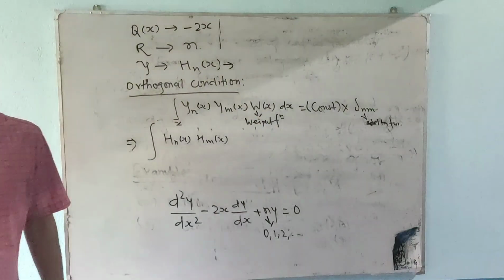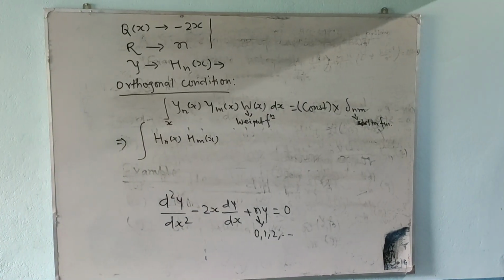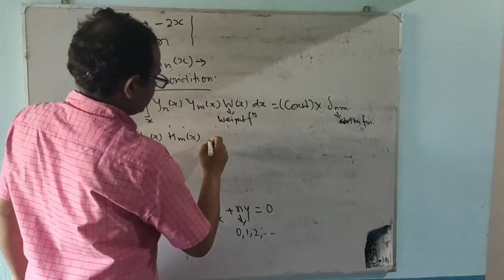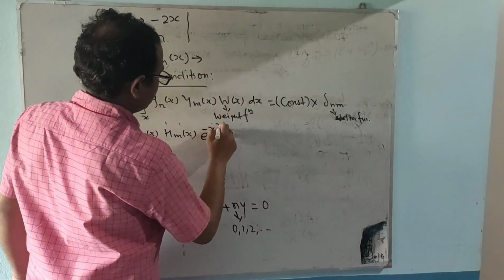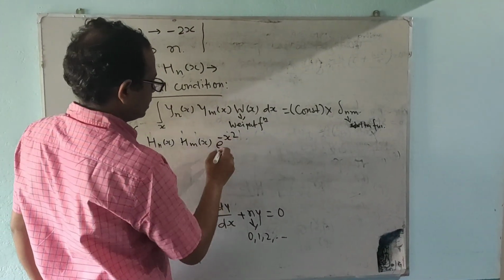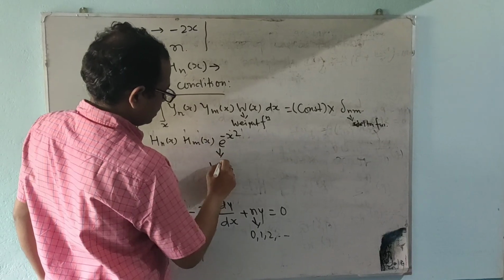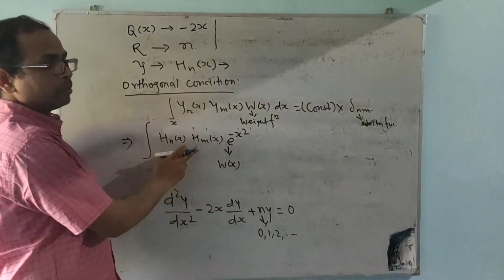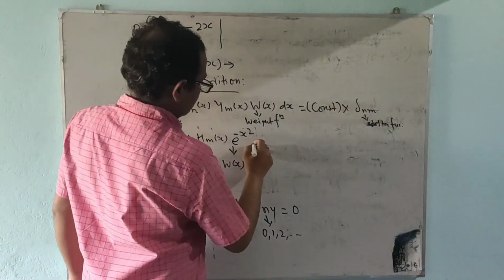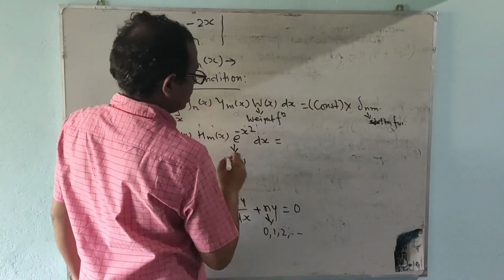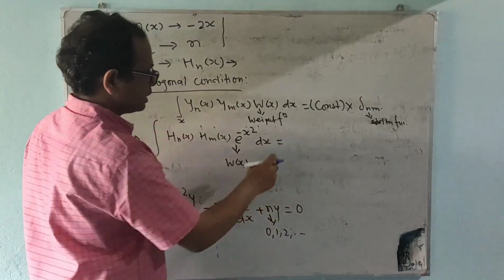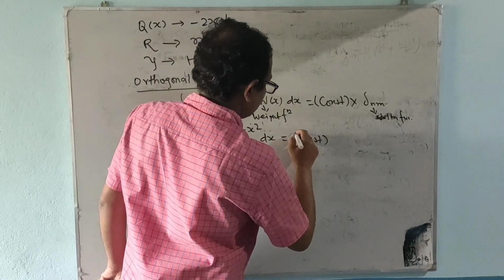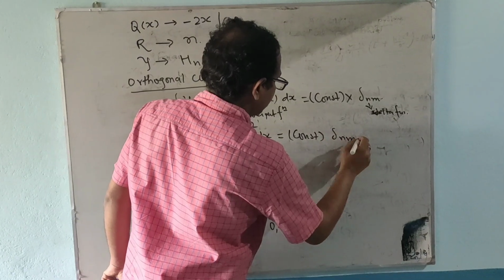For this Hermite polynomial, we have the weight function, W of x equal to e to the power minus x square, into dx equal to some constant and delta nm.